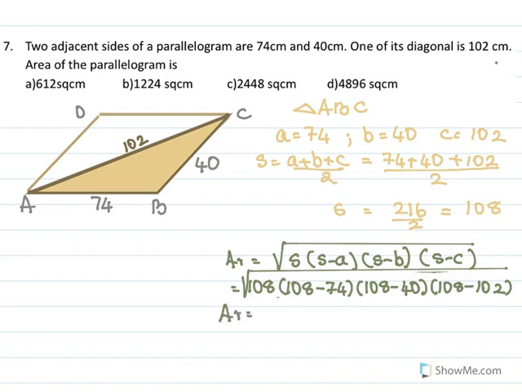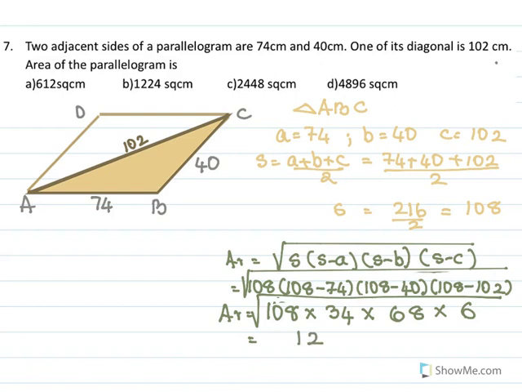In the next step, it would be 108 into 34 into 68 into 6. And when you solve this, you get the answer 1224. That is the area of one triangle.